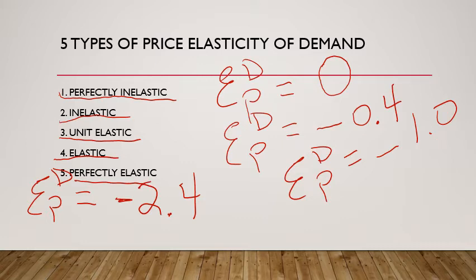Well, that's a strange one, which I'm going to have a hard time explaining. All right. So how would we show that? Price elasticity of demand is equal to, all right, brace yourself, negative infinity. And at this point, that's all I want to say about perfectly elastic demand.